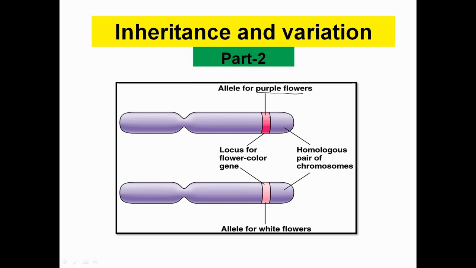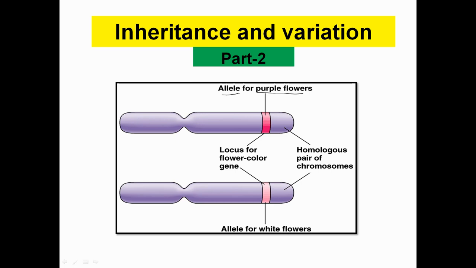Here, on the first chromosome, the flower color is purple, and on the second chromosome, the flower color is white. Here, the trait is a single one, that is flower color, and its alternate forms, that is purple and white, are being presented on the homologous chromosome. These alternate forms are referred to as alleles.